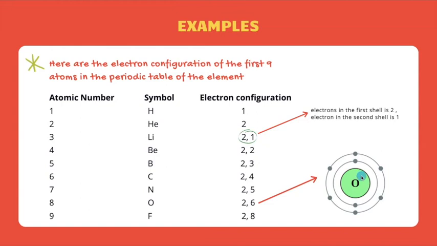If we take a look at this picture, it represents the oxygen atom, which has 2 electrons in the first shell and 6 electrons in the second shell. That is the configuration of oxygen.